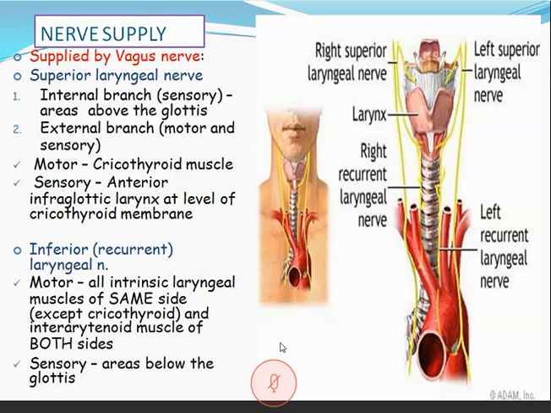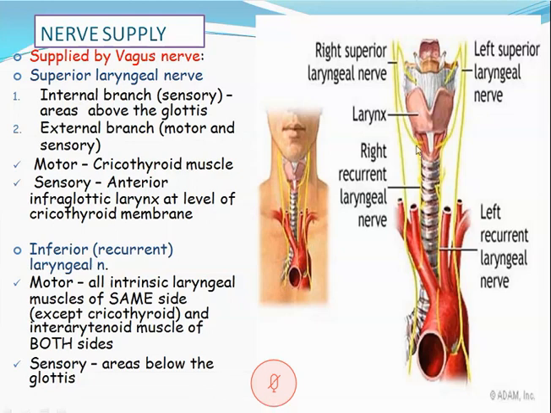Sensory: the areas below the glottis are supplied only by the recurrent laryngeal nerve. This is what we are seeing here, the left and right recurrent laryngeal nerves.